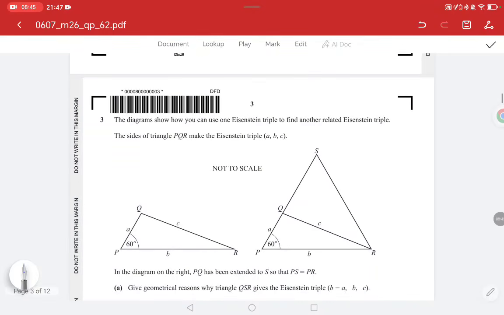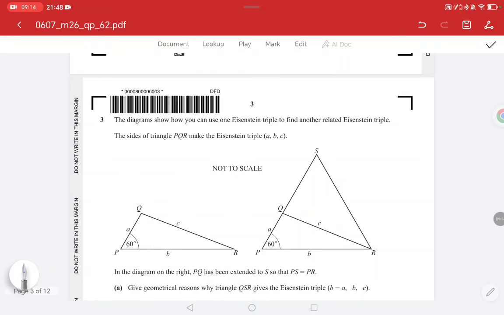Then question 3. In question 3, they said that you have another triangle. And in the diagram on the right, PQ has been extended to S, so that PS equals PR.